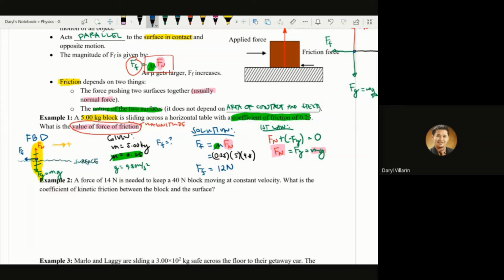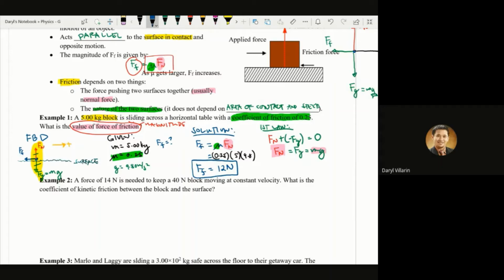It's asking for the magnitude, so I don't have to write the direction. So my answer is 12 newtons. The value of the friction is 12 newtons, and its direction is to the left.